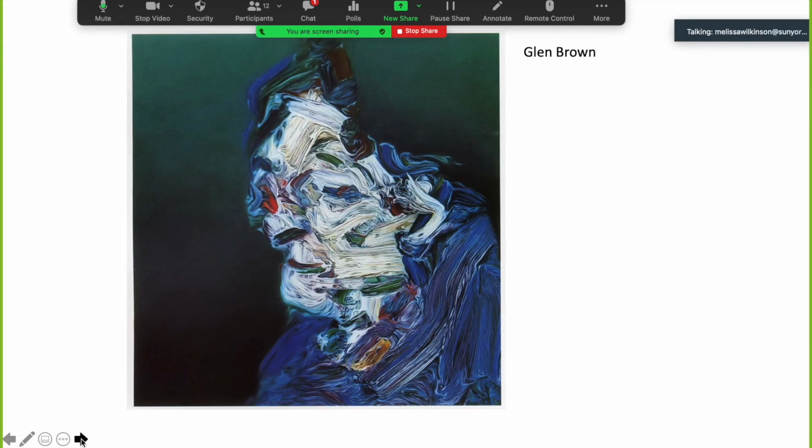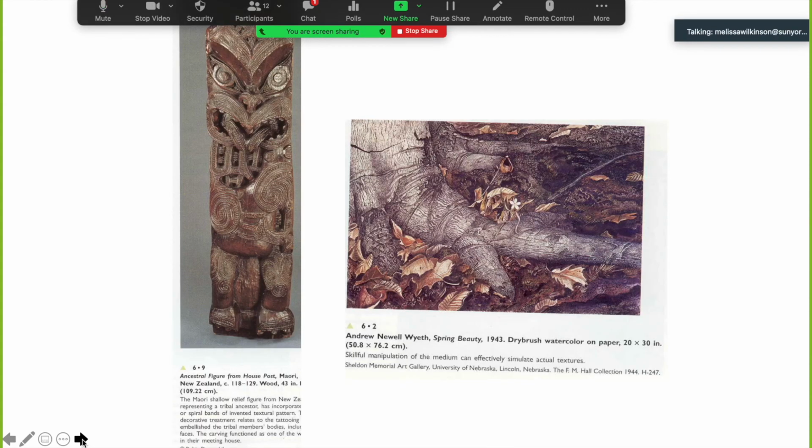Glenn Brown is a 21st century artist living and working today who creates paintings that play off of this texture. His paintings are actually perfectly smooth, so smooth that you can see your reflection in them. And they're done so carefully that they're meant to imply this impasto effect of paint that doesn't actually exist, even though they are made of paint.